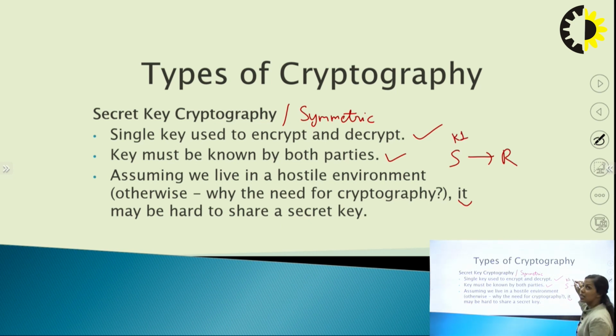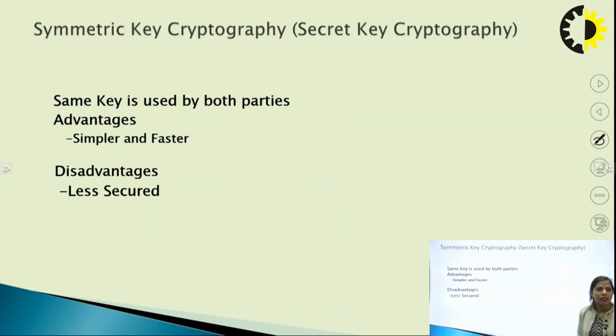Sender will use K1 and receiver will also use K1. So this is the case for secret key cryptography. Why do we call it secret key cryptography? Because we are using only one key for encryption and decryption.